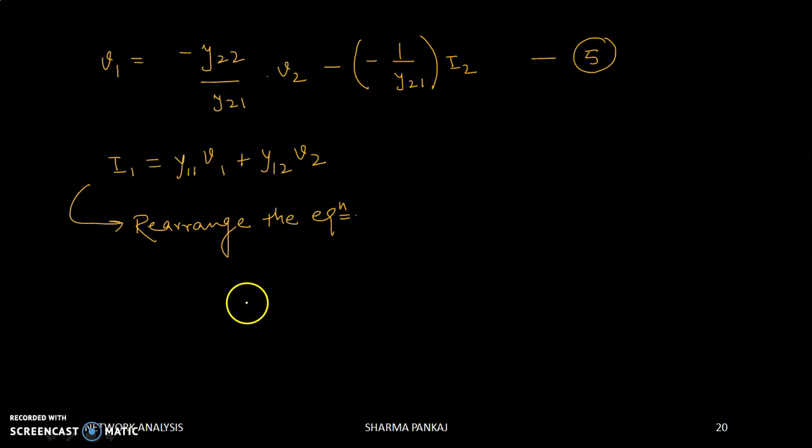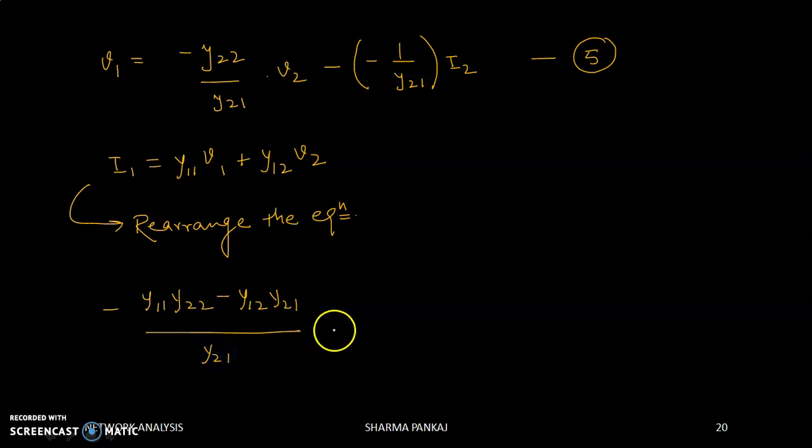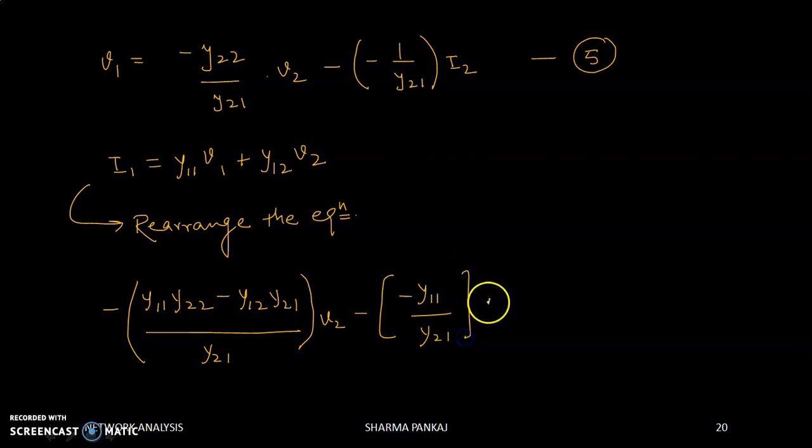On rearranging, we get I1 is equal to minus (Y11 Y22 minus Y12 Y21) divided by Y21 into V2, minus of minus Y11 divided by Y21 into I2.